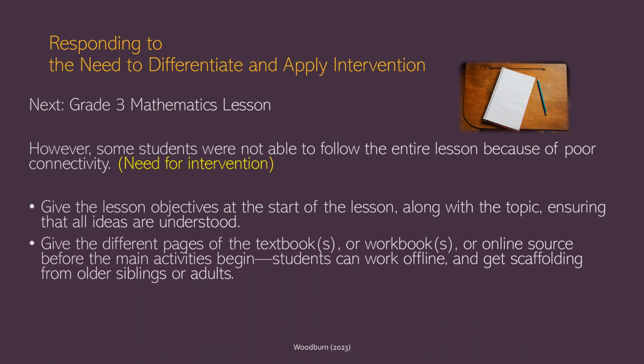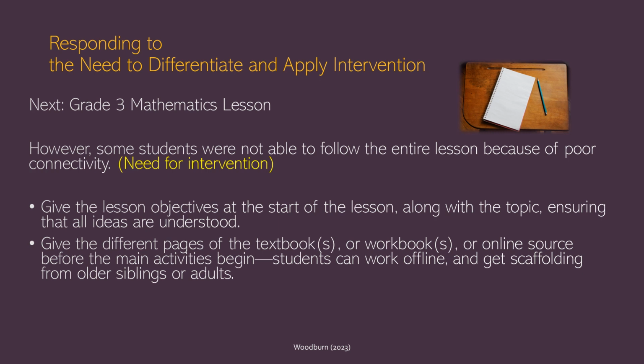The teacher could also have given the pages of the textbooks or workbooks or online source before the main activities began. Students can work offline and get scaffolding from other siblings or adults.